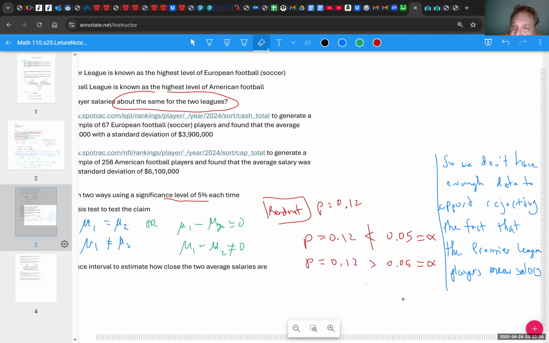I can't even read my own handwriting, that's how bad it is. This says "support" here. We don't have enough evidence to support rejecting the fact that the Premier League players' mean is the same as the NFL ones.